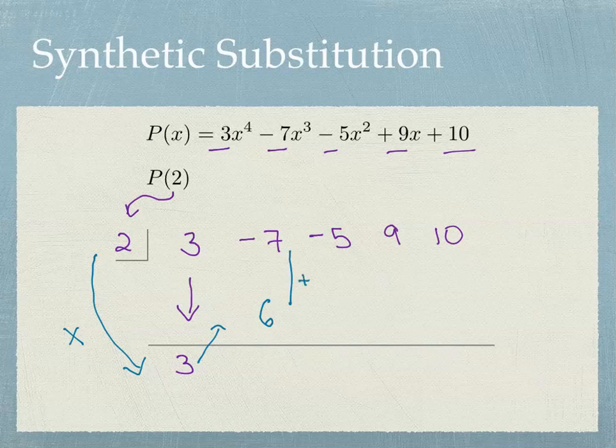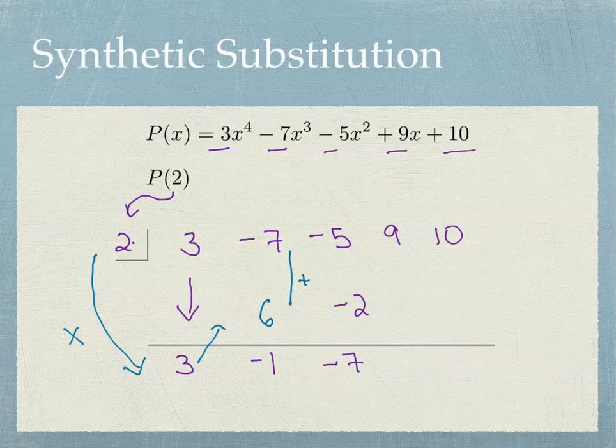So -7 plus 6, that is -1. And then I'm just going to repeat those steps again. I'm going to take 2 times -1, and I get -2. And then I'm going to add -5 plus -2 is -7.